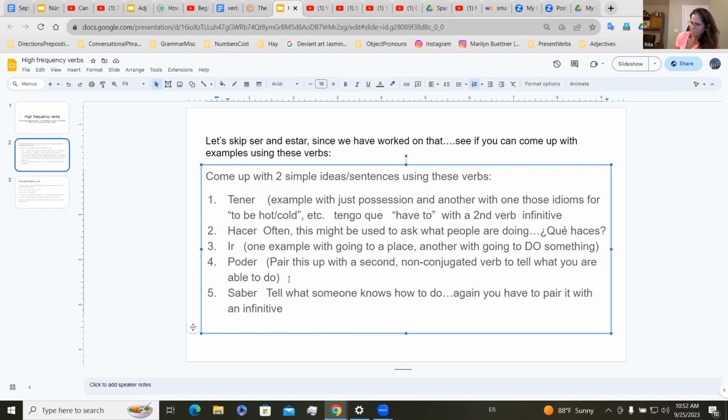Ir can be used to say going to do something in the future. Then we pair it up with ir a and an infinitive. It can be used just to talk about actually going to a physical location, like voy a la farmacia. But notice it's almost always voy a.